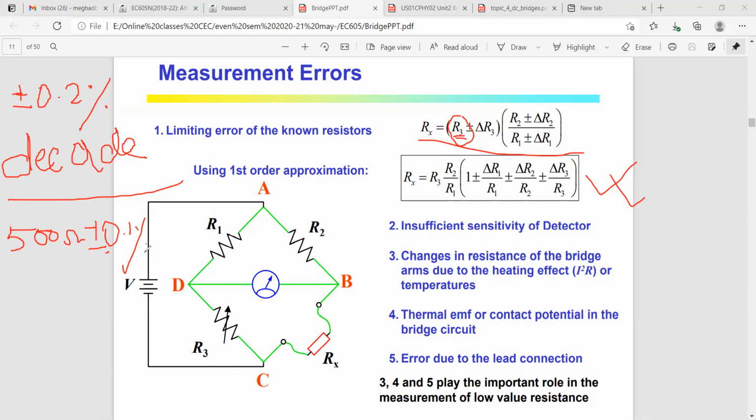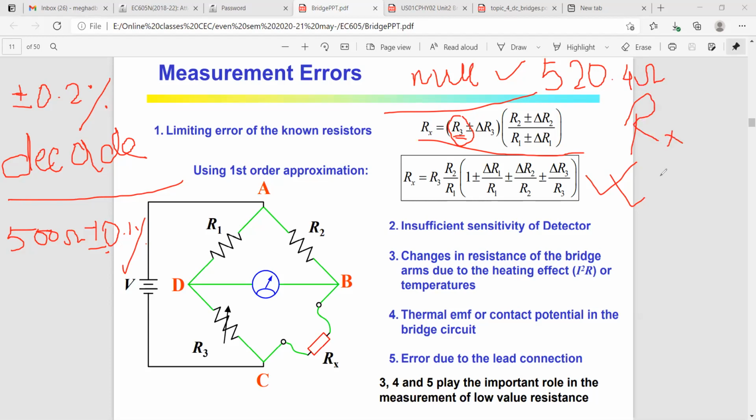Full stop. Then you write: if the value of R3 at the null position is 520.4 ohm, determine the possible minimum and maximum value of Rx.